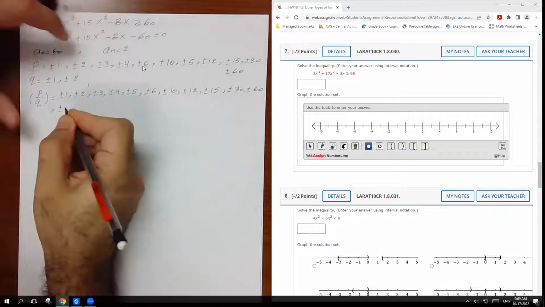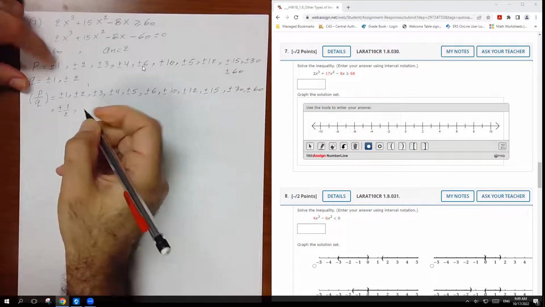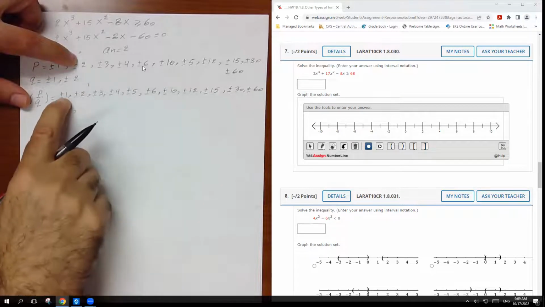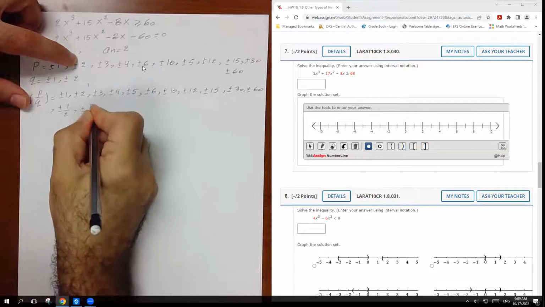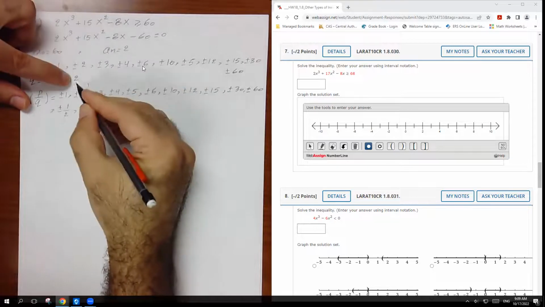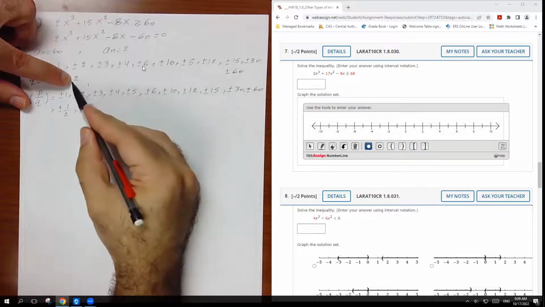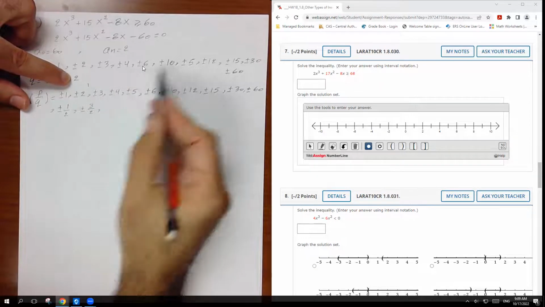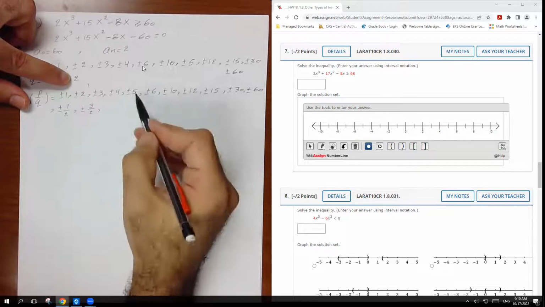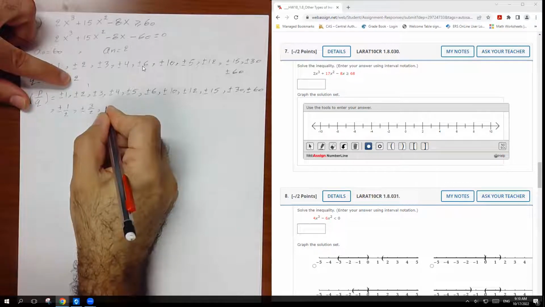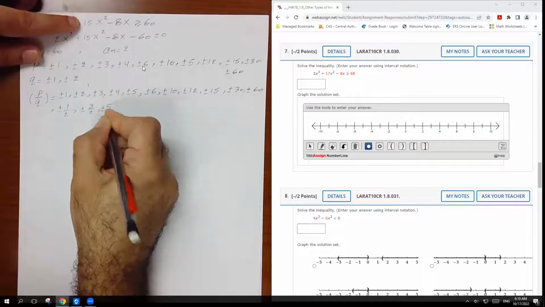Plus or minus 1 divided by 2 is going to be a half. 2 divided by 2 is going to be 1. It's going to go back here. 3 divided by 2. 4 divided by 2 is going to be 2. We already have 2. 6 divided by 2 is going to be 3. 10 divided by 2 is going to be 5. 5 divided by 2, so plus or minus 5 divided by 2.